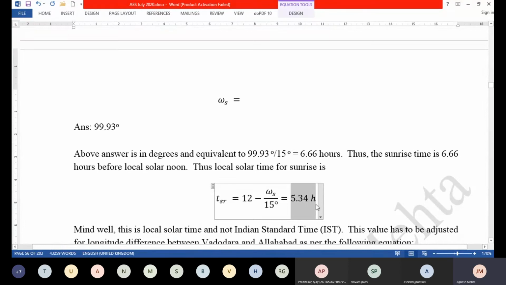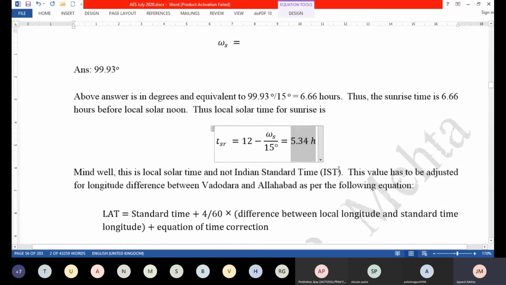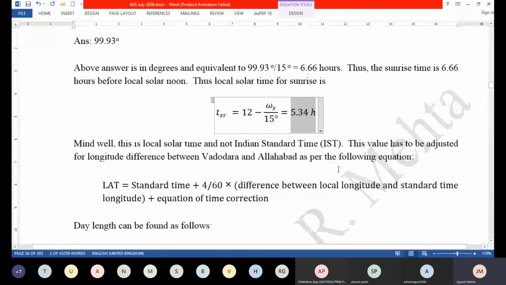You want to get Indian Standard Time, but you have to do the required corrections for the difference in meridian between Vadodara and Allahabad, Shankargarh, and also the equation of time correction for this day. Right? So I leave that exercise to you. I have written it, but I'm not sure whether I have done that exercise.